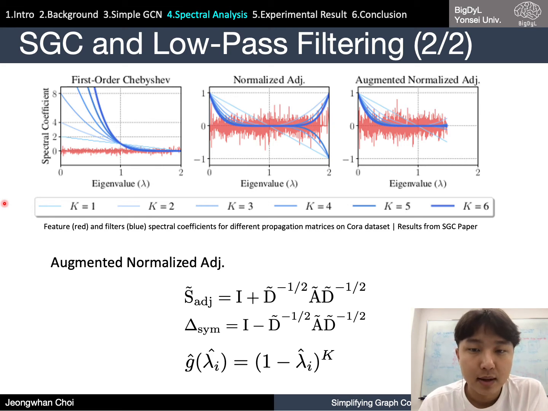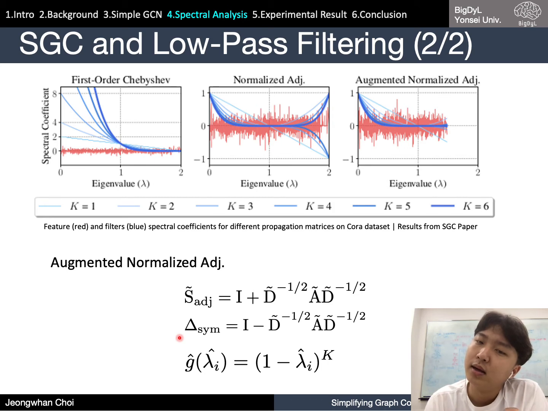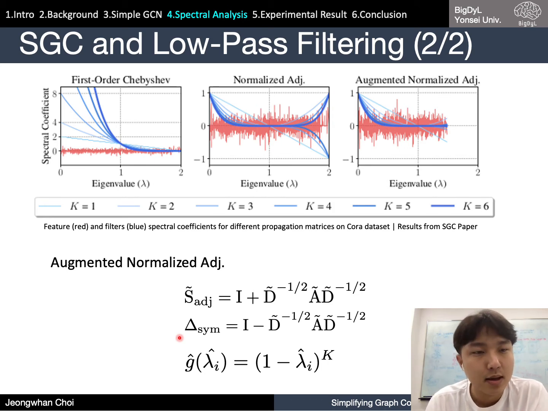Correspondingly, we define the augmented normalized Laplacian like here. Thus, we can describe the spectral filters associated with the symmetric normalized adjacency matrix as a polynomial of the eigenvalues of the underlying Laplacian.